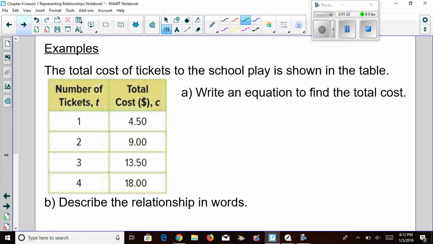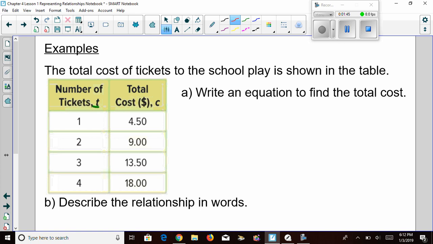So here we go. The total cost of tickets to the school play is shown in the table. We see that the number of tickets is represented by the variable t. And we're looking at 1 ticket, 2 tickets, 3 tickets, 4 tickets, and so on.